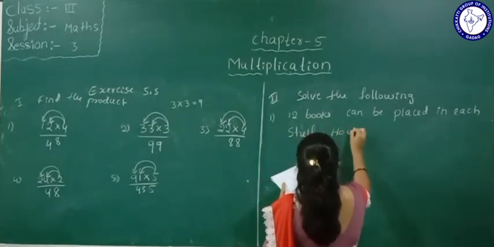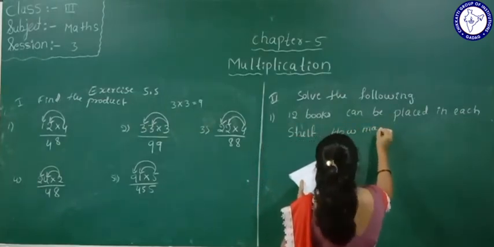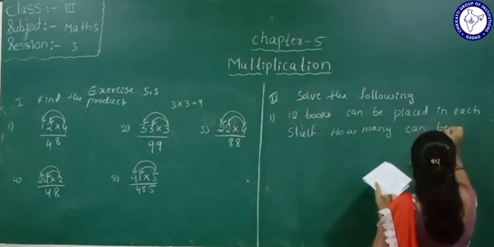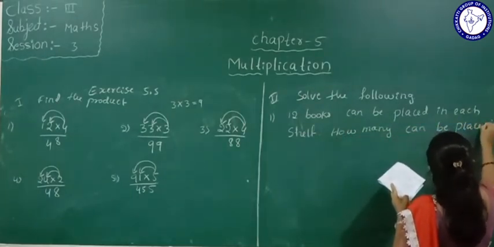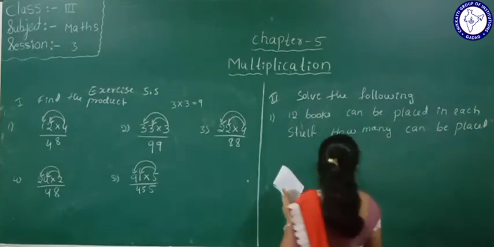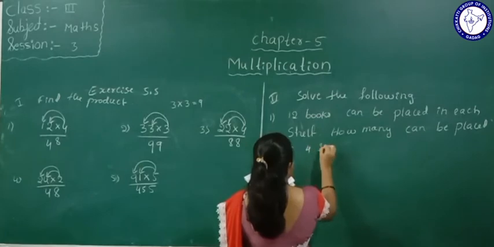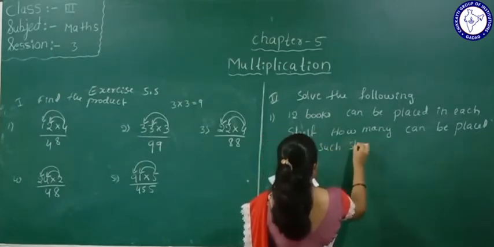How many books can be placed in four such shelves?